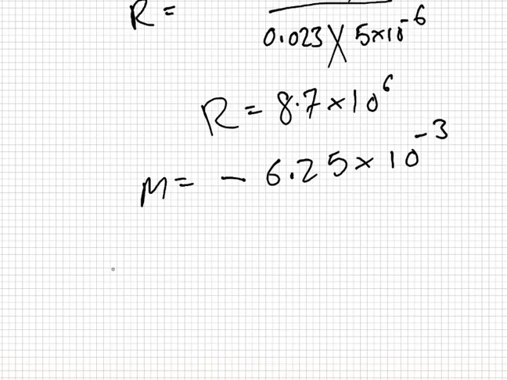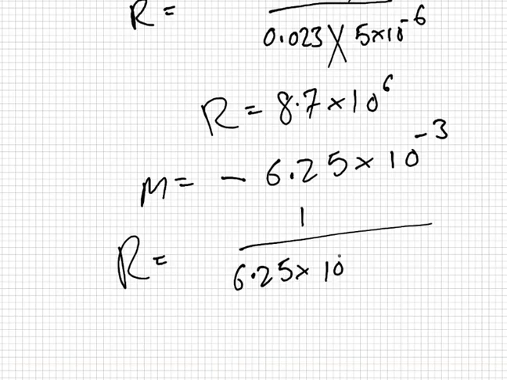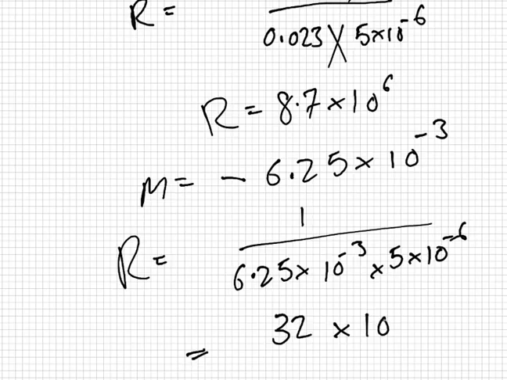Once again we can get our R as 1 over 6.25 times 10 to the minus 3 times 5 times 10 to the minus 6. So 32 megaohms, 32 times 10 to the 6. That's the R.